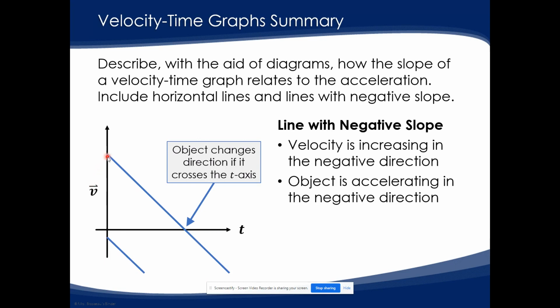And then if we are going downwards with our slope, then our velocity is decreasing, meaning that our acceleration is negative, or we are decelerating and slowing down. And again, if we cross that axis, that means that we are now going in the opposite direction.